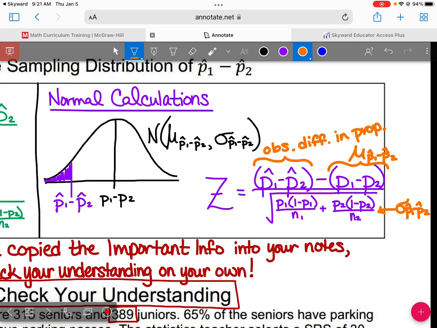Try to finish up in about the next 4 minutes on the check your understanding, and then we'll go through those pieces together.